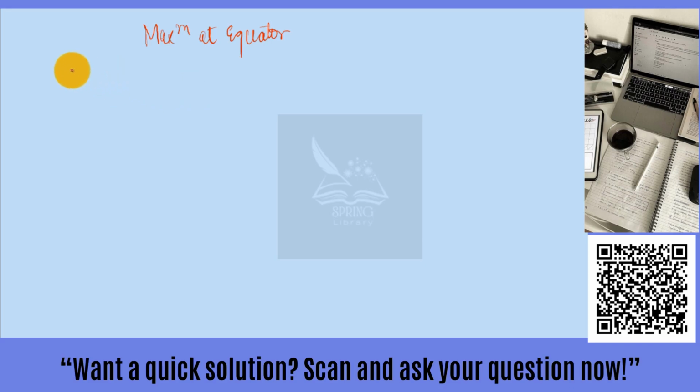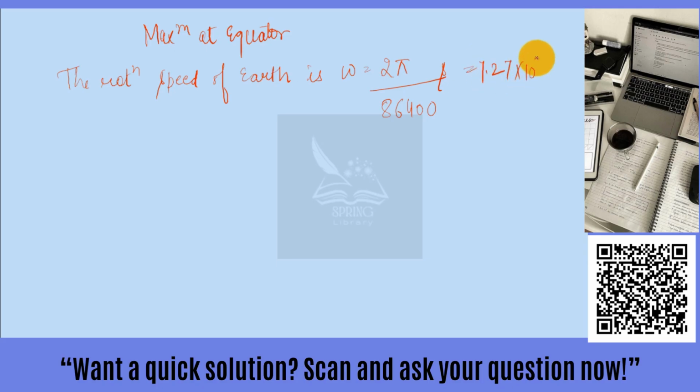The rotational speed of Earth is ω = 2π upon 86400 seconds. Hence we get 7.27 × 10^-5 radian per second.